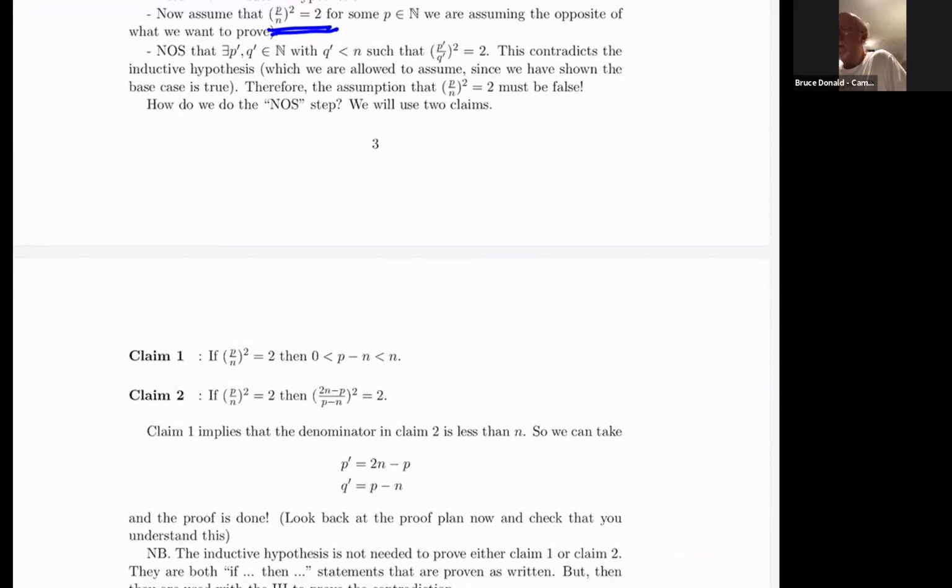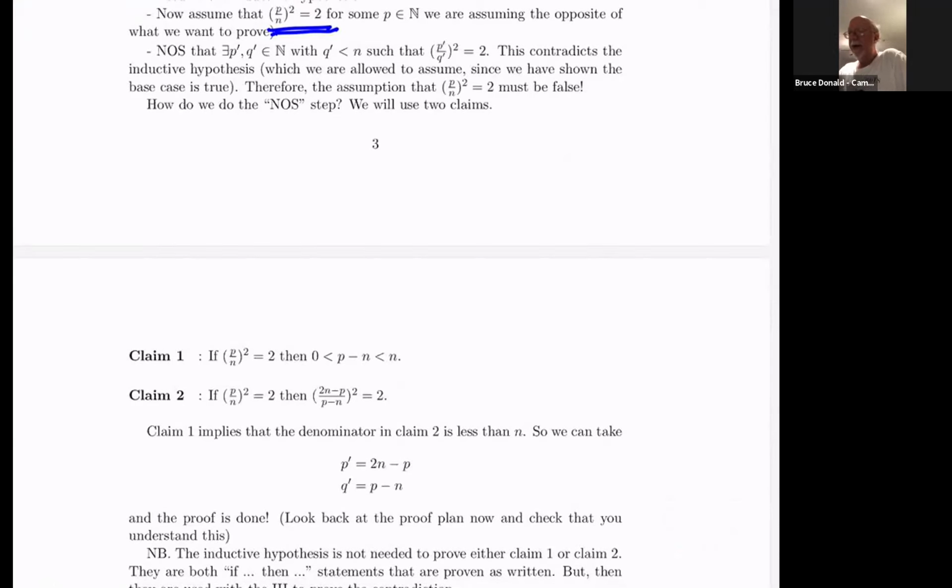So essentially what we're going to have here is something like the following. The first one says that if p over n is a square root of 2, then here's a technical constraint on the number p minus n. It's positive and it's less than n. And why do we care about that? Well, the work is done in claim 2 here.